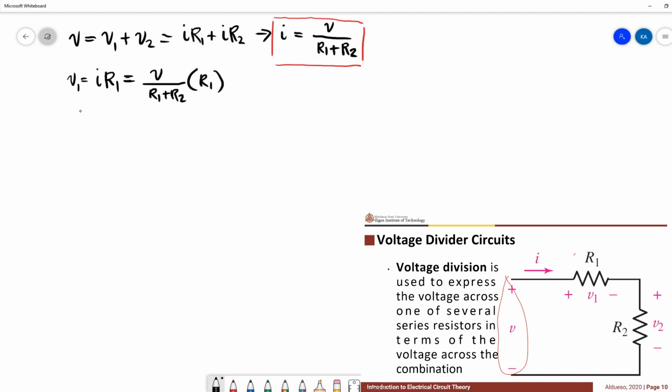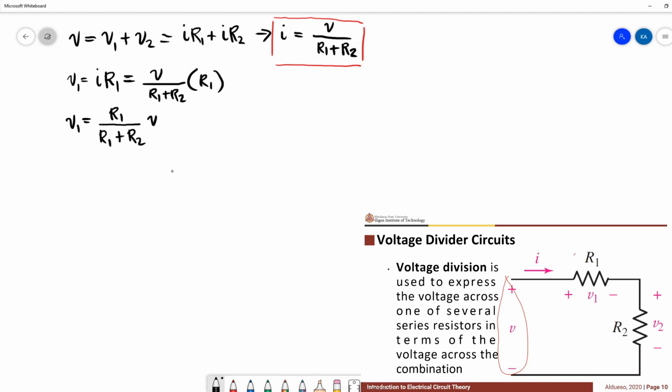Or if we rearrange this equation, V1 is equivalent to R1 over R1 plus R2 times the voltage.